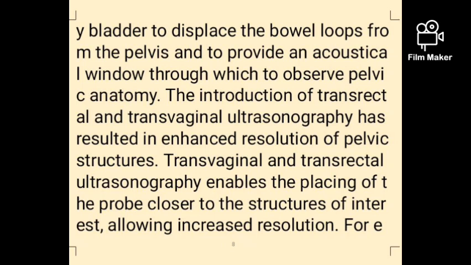Now you have the introduction of transrectal and transvaginal ultrasonography, and these procedures afford enhanced resolution of pelvic structures. Transvaginal and transrectal ultrasonography enables the placing of the probe closer to the structures of interest, and this affords increased resolution.